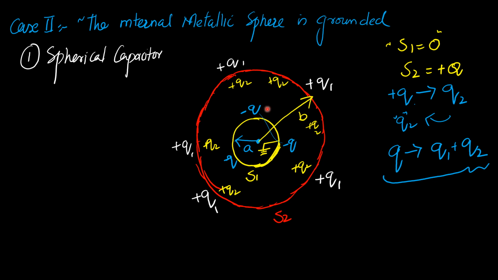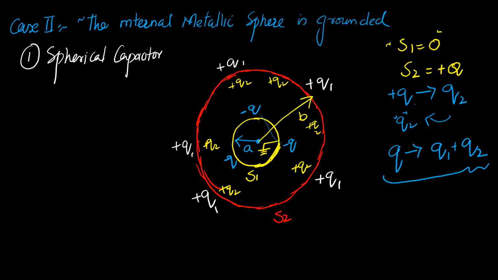So now we can easily see that there are two devices. One is a spherical capacitor, with a potential difference between the sphere S1 and the internal part of the sphere S2, whereas the second device is an isolated conducting sphere, which has plus Q1 charge present at the exterior of the sphere S2.